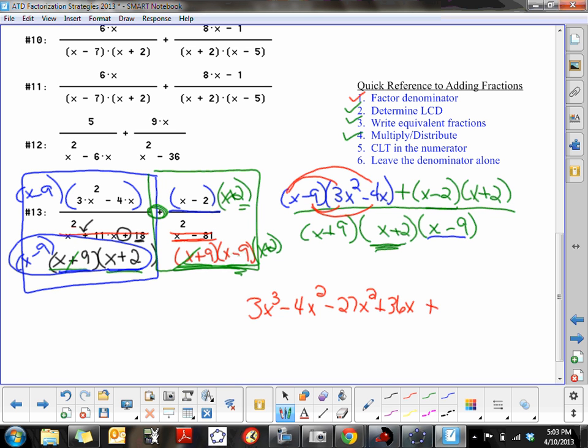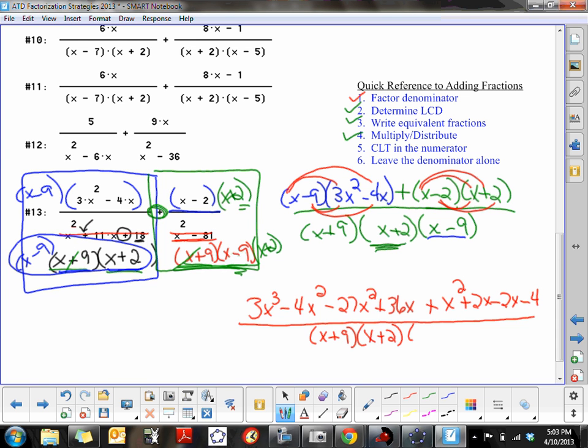Now plus, I also have to distribute the FOIL on our second terms, which is going to be an x squared. It's going to be plus 2x. On the innermost is minus 2x. And on the last is minus 4. All over your least common denominator of x plus 9, x plus 2, and x minus 9.